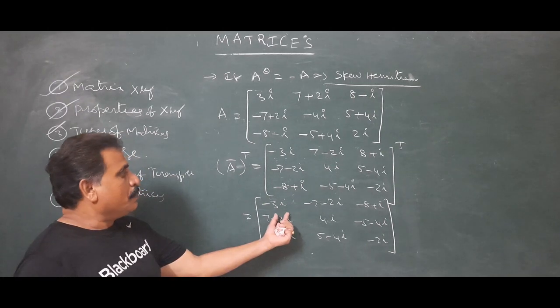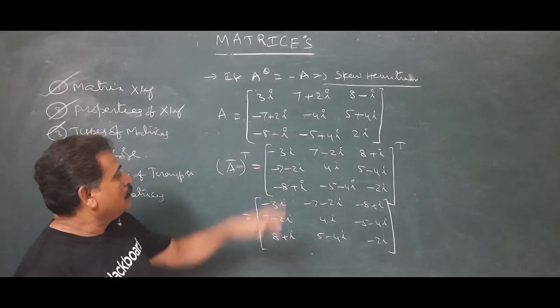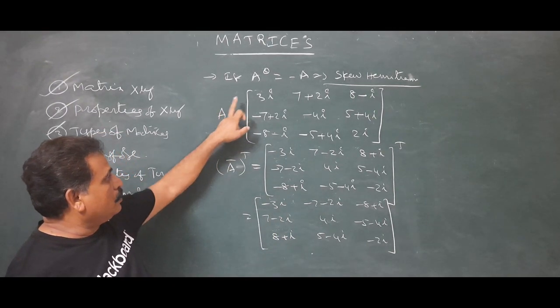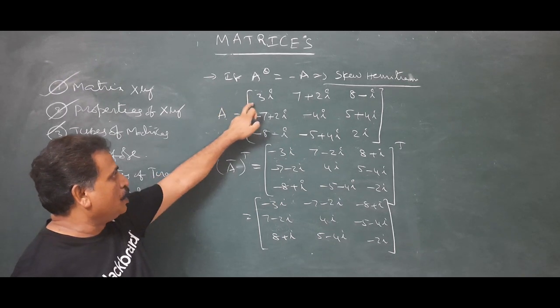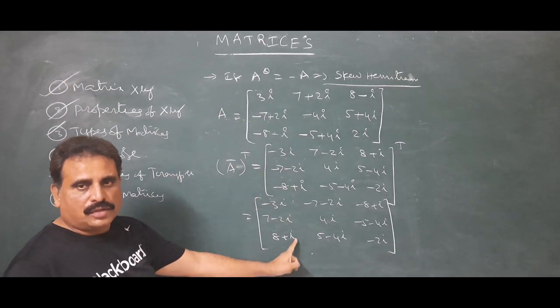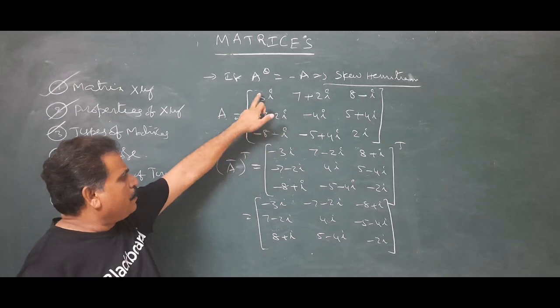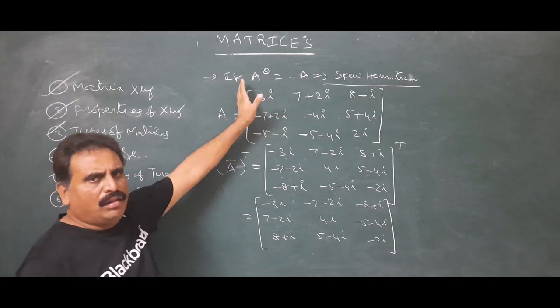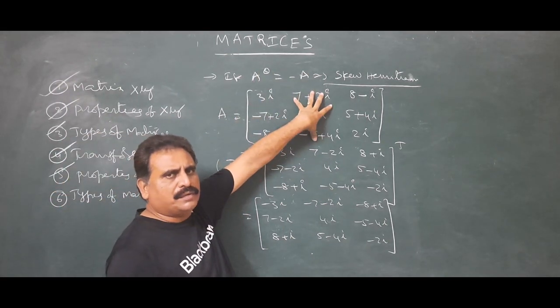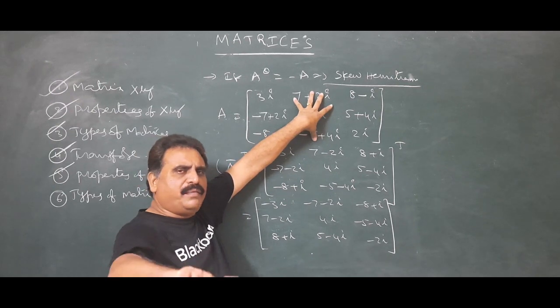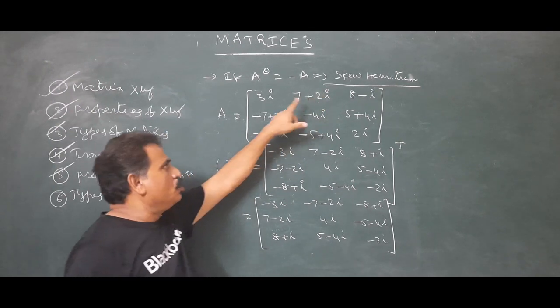Now taking common minus, or multiply minus 1 to this, definitely you get this. You check that. If you multiply minus 1, what happened? All the elements you have to multiply with minus 1. All the 9 elements you have to multiply by minus 1. You check that.